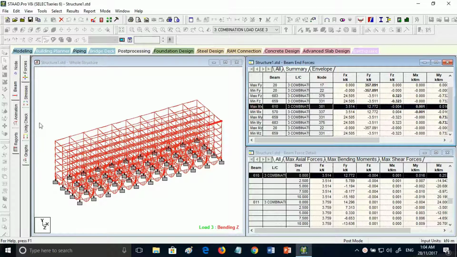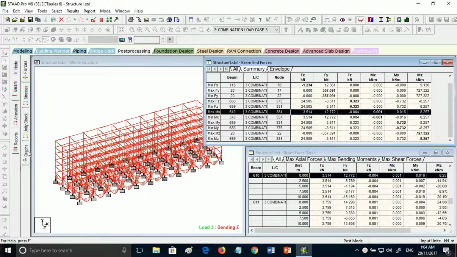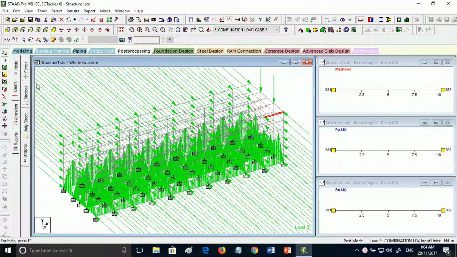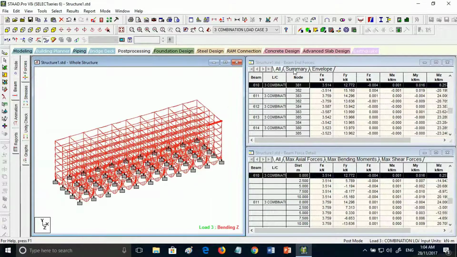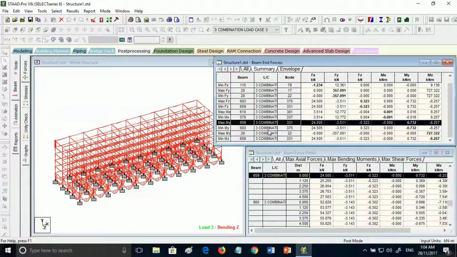Next is the maximum moment in the X direction. It will be at beam 610 with the intensity of 0.001. This will be the shear force and also bending moment diagram for beam 610. We proceed to the maximum moment in the Y direction.